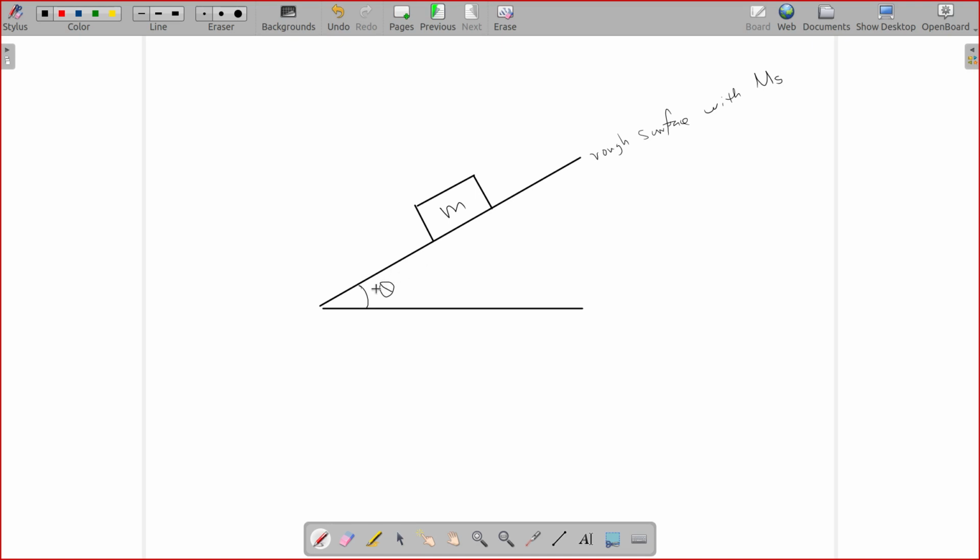So at a certain value of theta, this mass m will start moving downwards. So this is the point of impending motion. So that is the point at which limiting value of frictional force happens. So at that point, at the point of impending motion, let's say we want to calculate that theta. What is the value of theta at the point of impending motion?